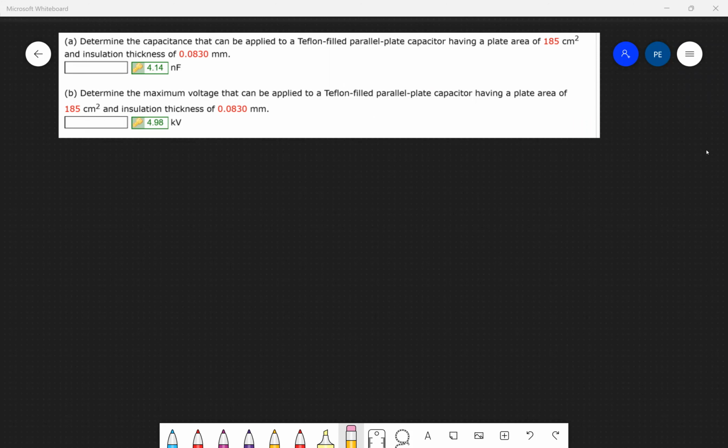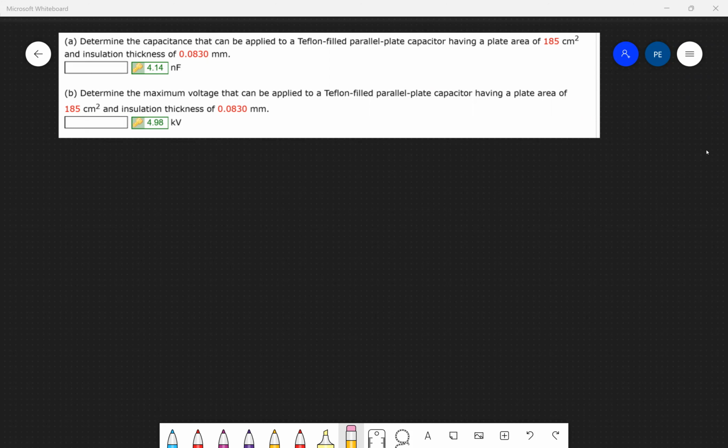Here's another question. Part A: determine the capacitance of a Teflon filled parallel plate capacitor having a plate area of 185 centimeters squared and insulation thickness of 0.0830 millimeters.